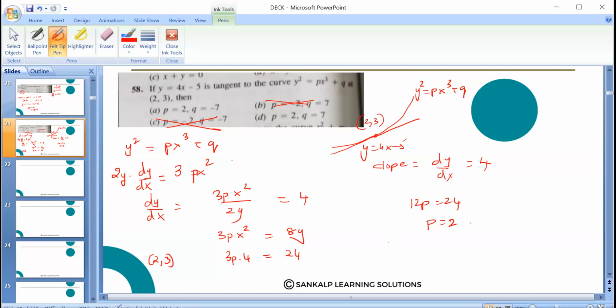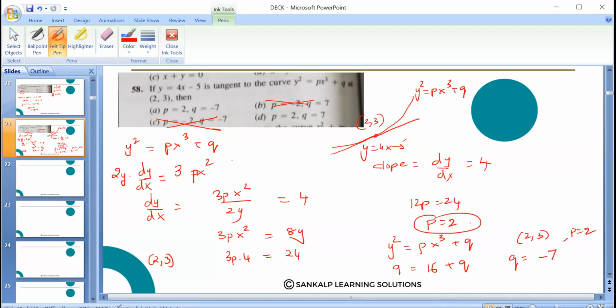Now on the curve y square equal to px cube plus q, we will put the point 2, 3 and we will put p equal to 2. So 9 equal to 2 into 8, 16 plus q. Q is minus 7.